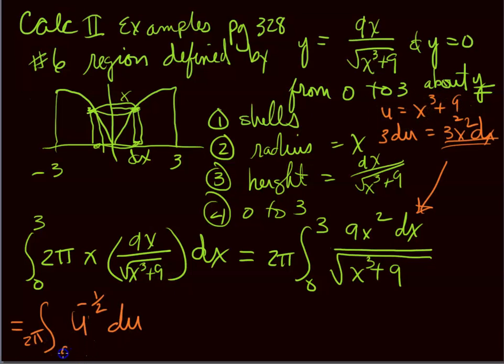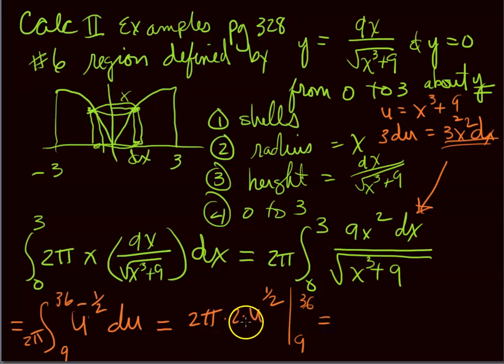So it's going to start at 9 and go up to, plug in a 3 and you get 27 plus 9, which is 36. Now it's a little easier problem. 2 pi, add 1, so it's u to the positive 1/2. Divide by 1/2 is when you multiply by 2, from 9 to 36.